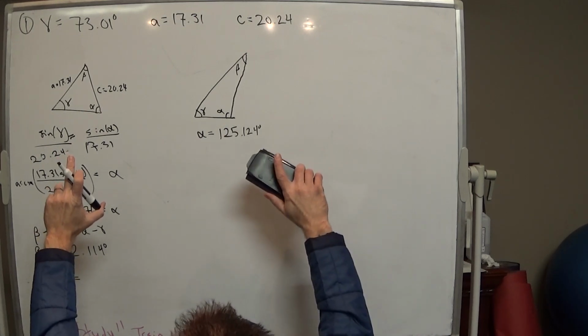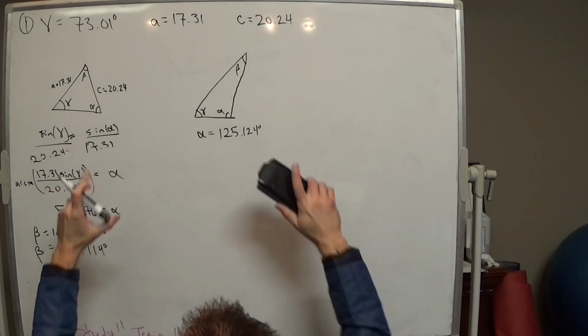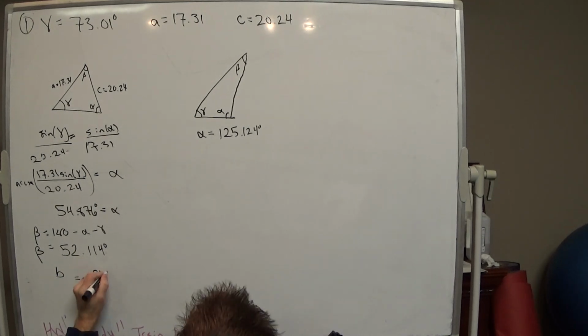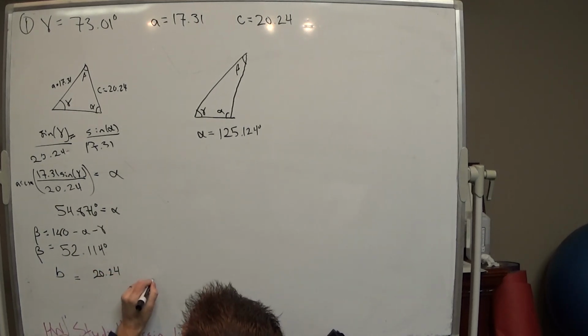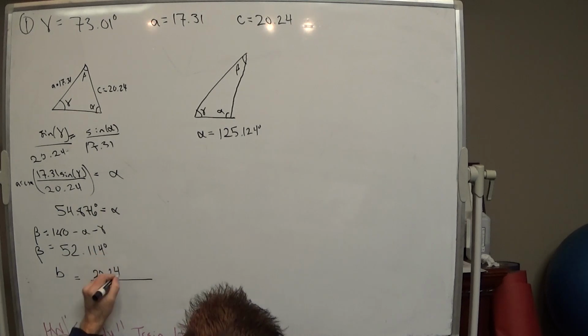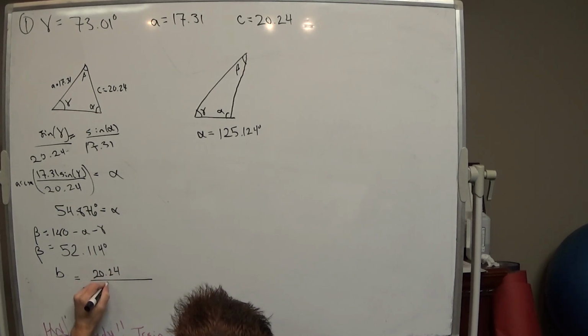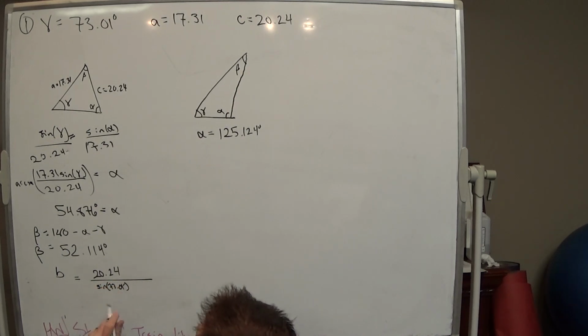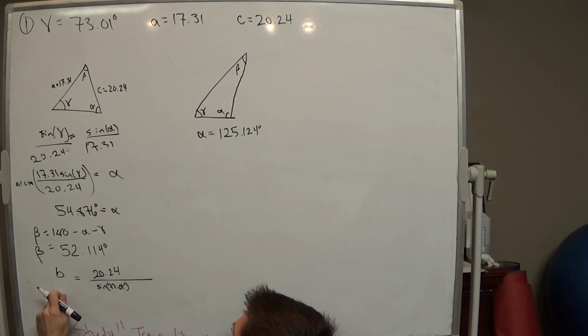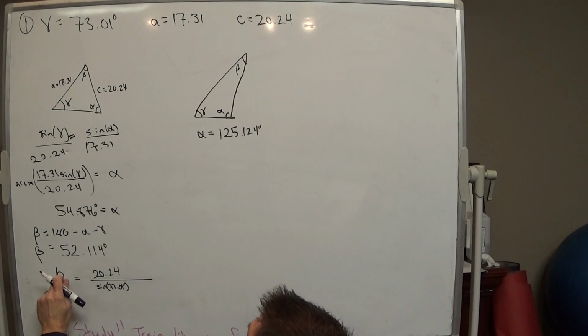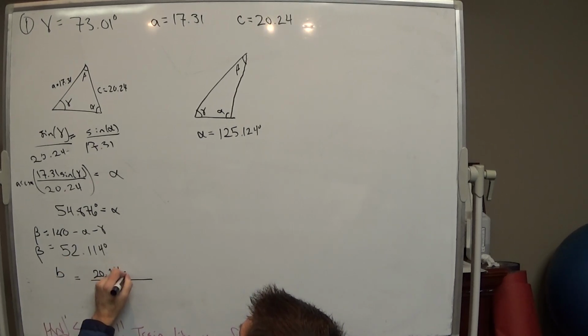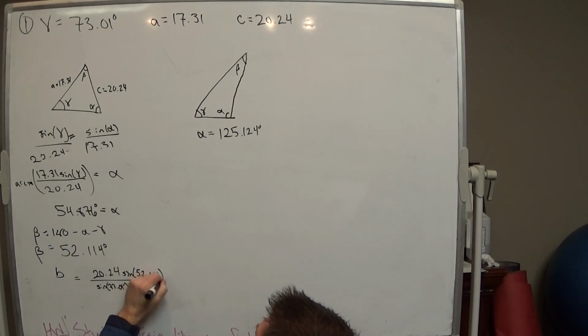Oh, c and gamma are given, so I want to use those. Yeah. Sorry. So I'm going to use c, which is 20.24, over sine gamma. Gamma is 73.01 degrees. That would have been divided by sine of beta, so I'm going to put sine beta up top. Sine beta is 52.114.